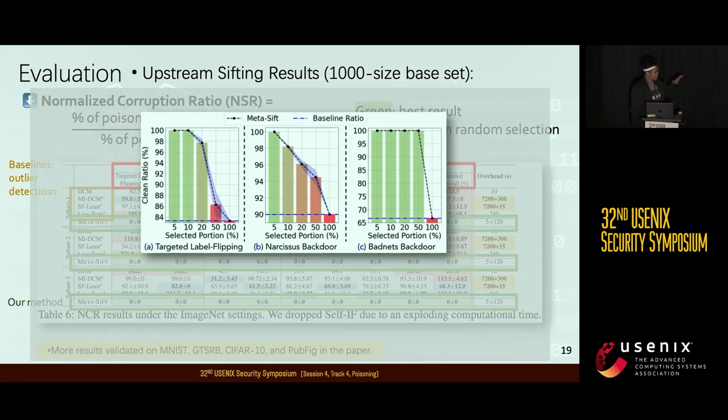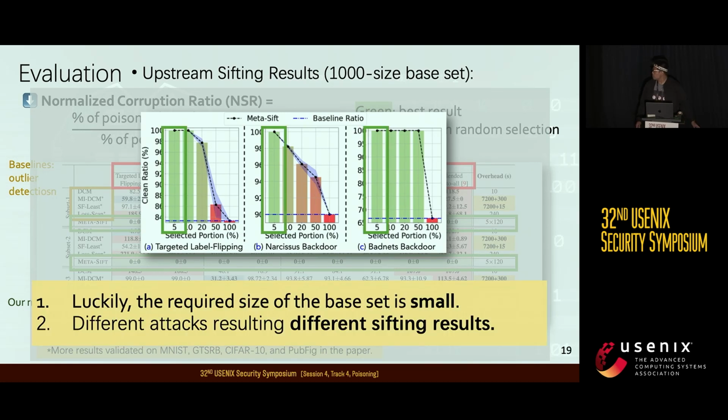These impressive sifting outcomes actually stem from the fact that most of the defenses only need 1,000 clean samples. As you may see from these images, different attacks actually result in different kinds of curves with respect to the clean ratio and the selection portion. So this might be an interesting future work, maybe with some implications for further research.